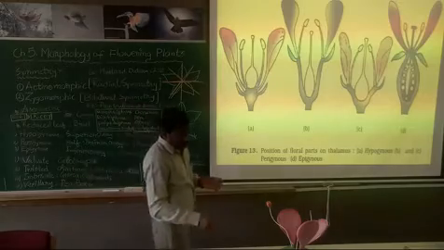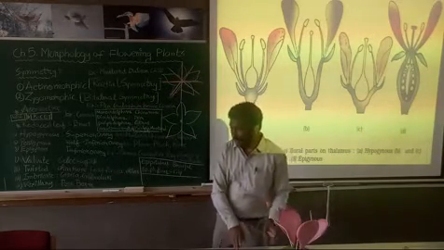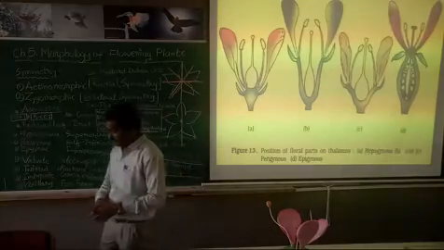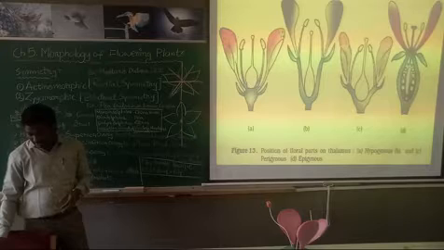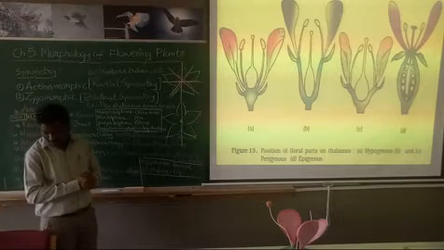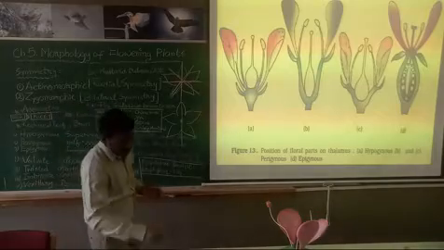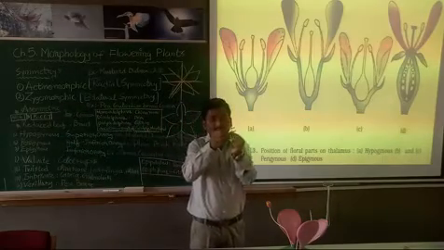Next, one more important point to be discussed. A modified part in a flower is nothing but bract. Bract is nothing but a modified leaf. Here you can see the flowers and leaves.